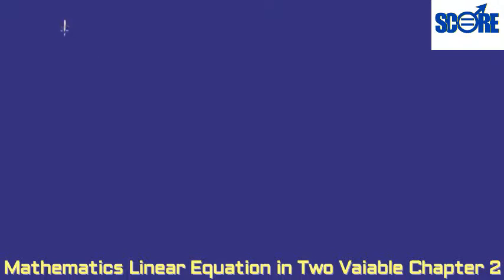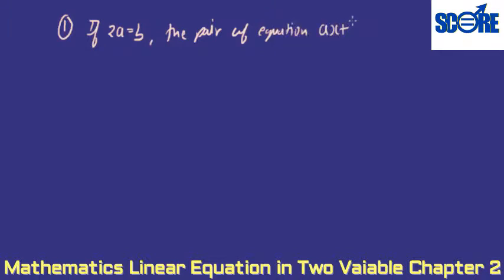The first problem for today is: if 2a equals b, the pair of equations ax plus by equals 2a square minus 3b square, and x plus 2y equals 2a minus 6b.